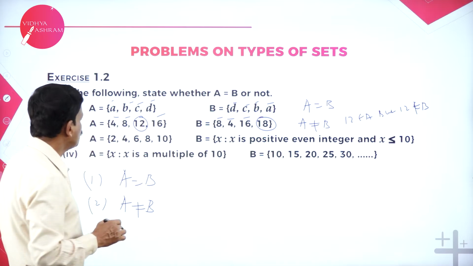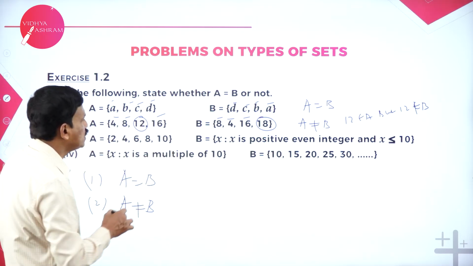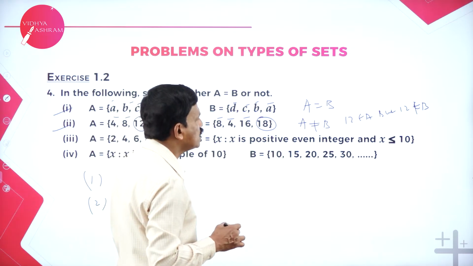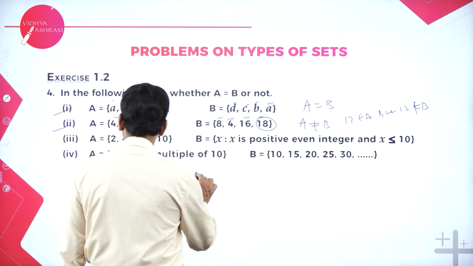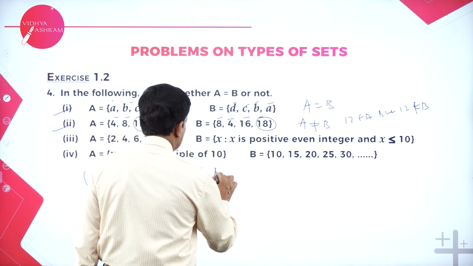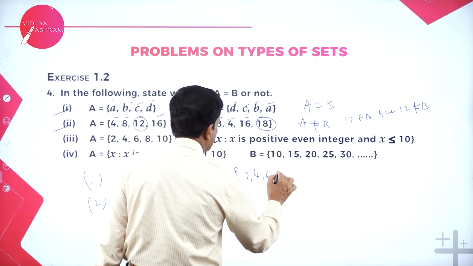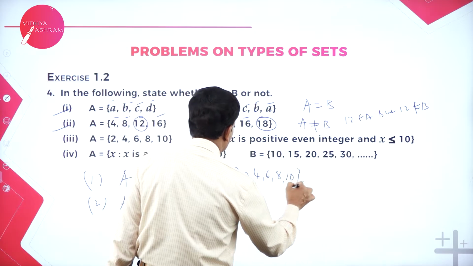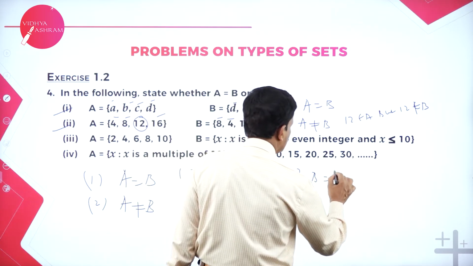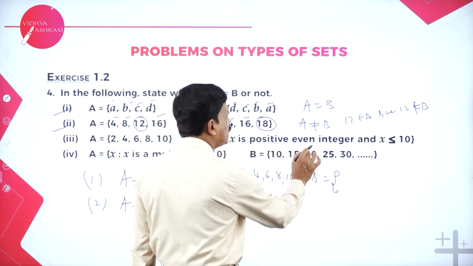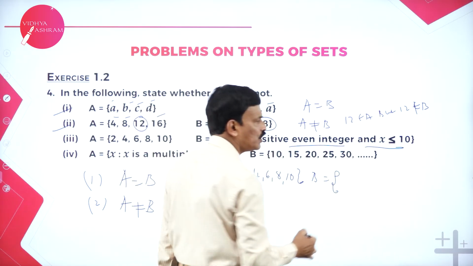A is equal to {2, 4, 6, 8, 10} and B is {x : x is a positive even integer and less than or equal to 10}. So, what does A contain? The elements of A are 2, 4, 6, 8 and 10. What is the statement given? B is equal to x is a positive even integer and less than or equal to 10.